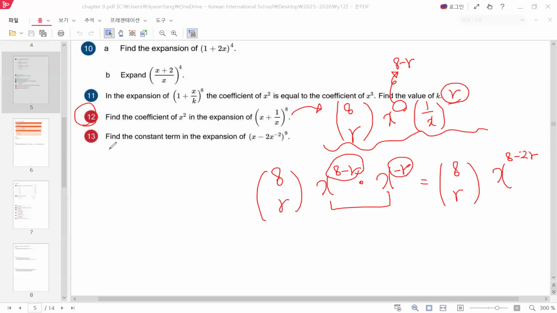Since they ask you to find the coefficient of x squared, this number should be 2. Thank you so much. So 8 minus 2r equals 2. Then 2r should be 6. Therefore, r should be, answer me students, 3. Thank you so much. So the coefficient of x squared is 8 combination 3, which is 56.